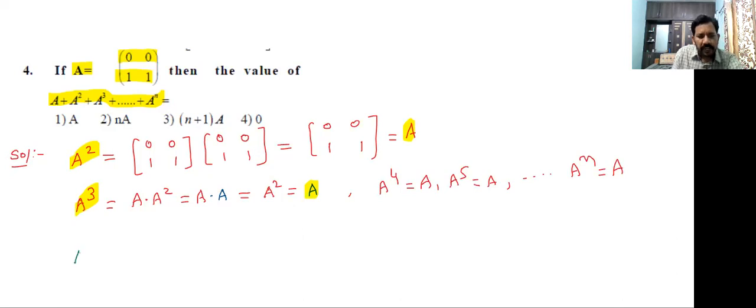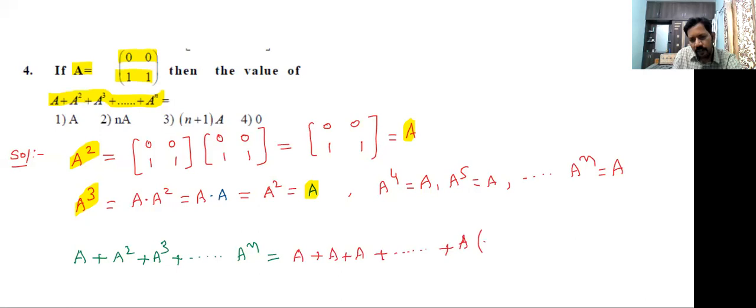Students, what do we need to find here? A plus A square plus A cube plus, and so on, A power n. Each value is A only. How many A's are there here?